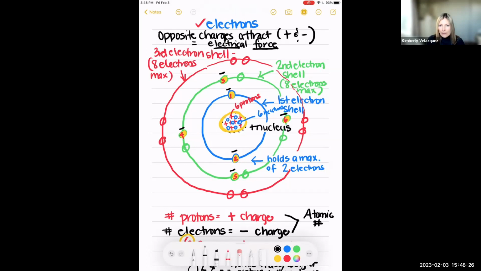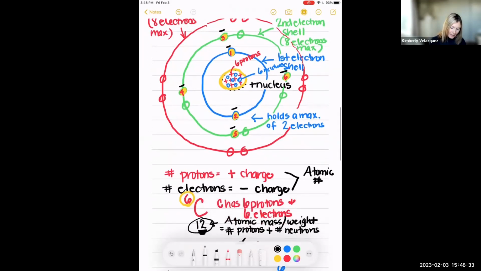What are those neutrons doing then? Well, just as opposite charges attract, like charges repel. So in other words, positive and positive or negative and negative repel each other. In the nucleus, we have all these positive charges. What keeps that nucleus from just falling apart and all those positive charges just repelling each other?